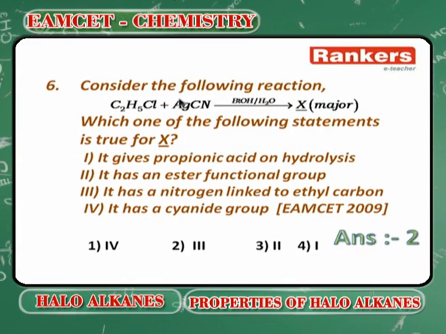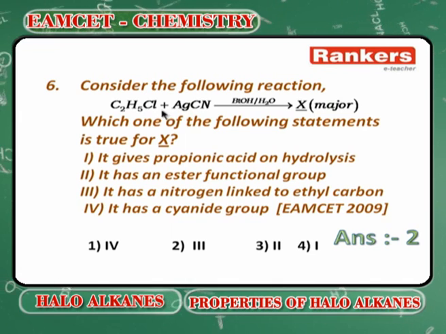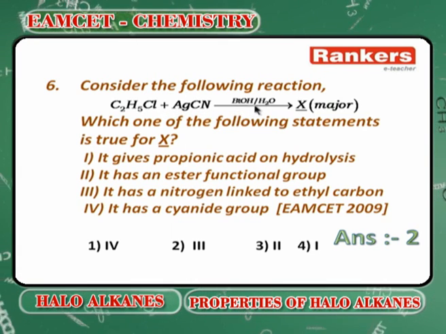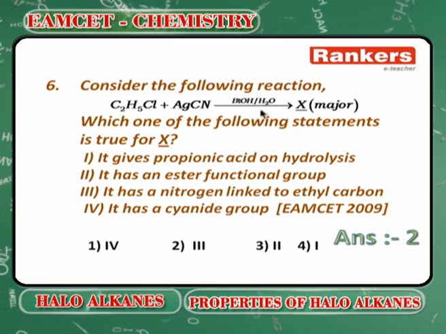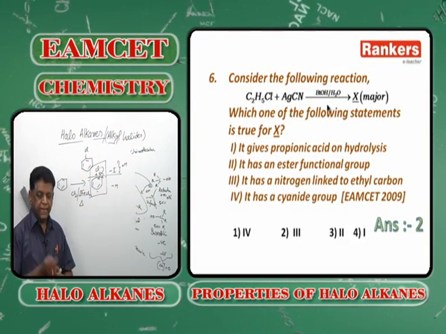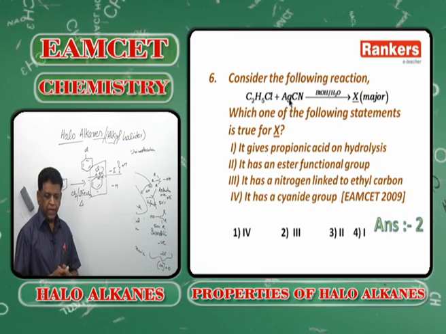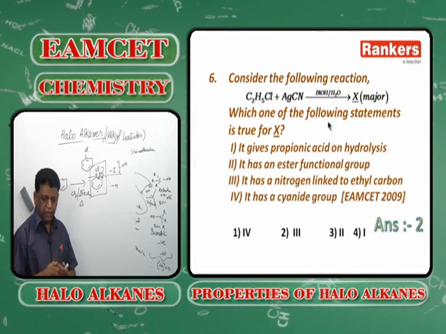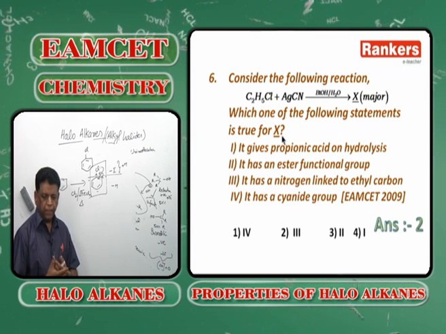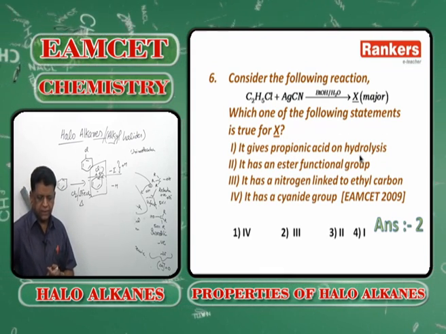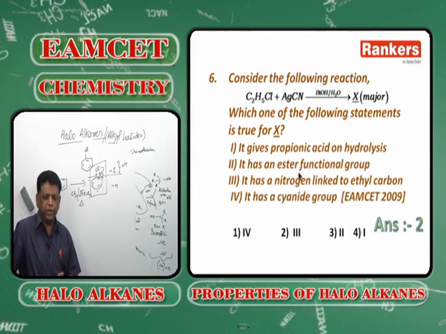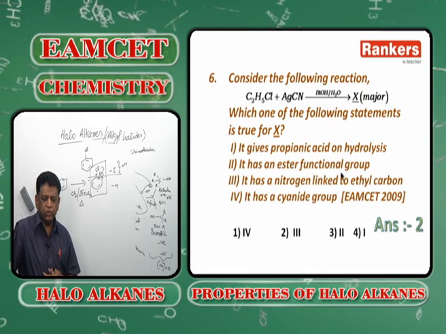Consider the following reaction, ethyl chloride with silver cyanide. As I said, silver gives a reverse type of reaction. So, what are you expecting? NC. NC means isocyanide. It gives propionic, this isocyanide. Which of the following statements is true? Cyanide, if cyanide comes, propionic acid comes. It has an ester functional group, wrong.